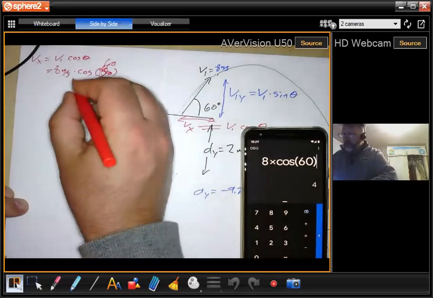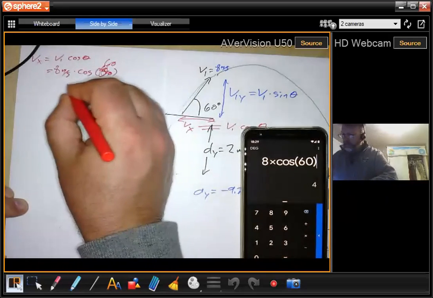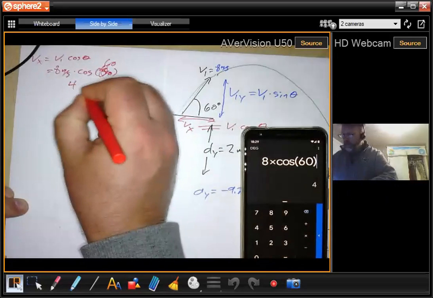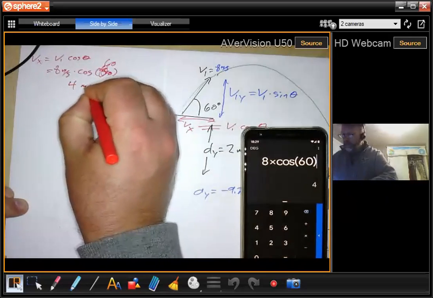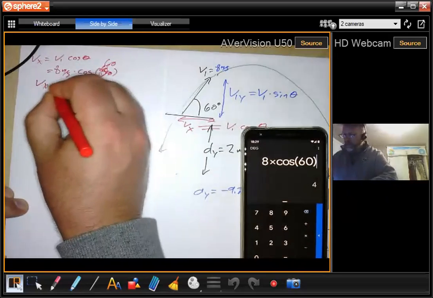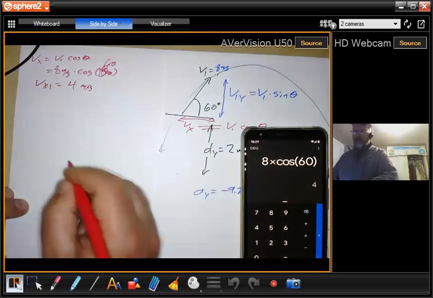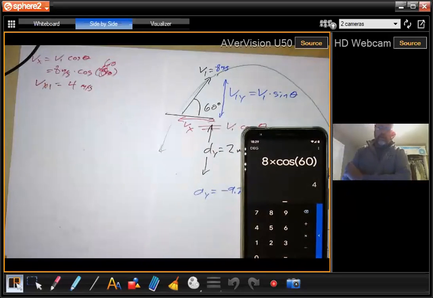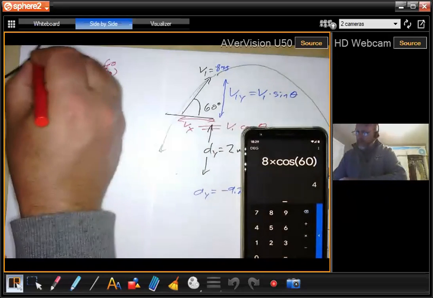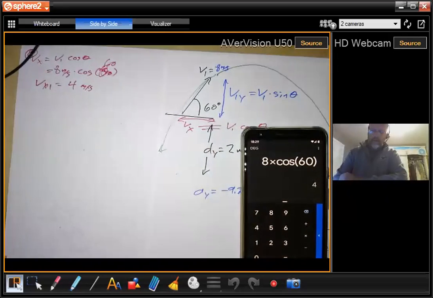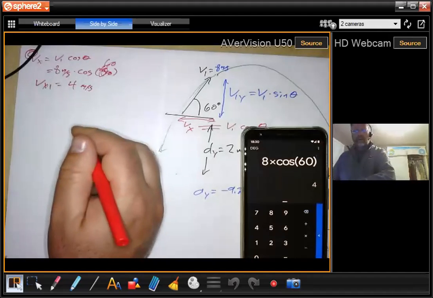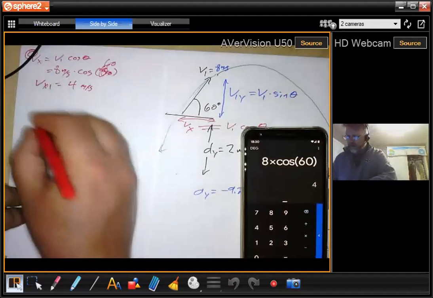All right, and this is going to be exactly 4 meters per second. Okay, all right, so that takes us through part C. All right, that was part C. And then part D asked, how far did she travel in the air?